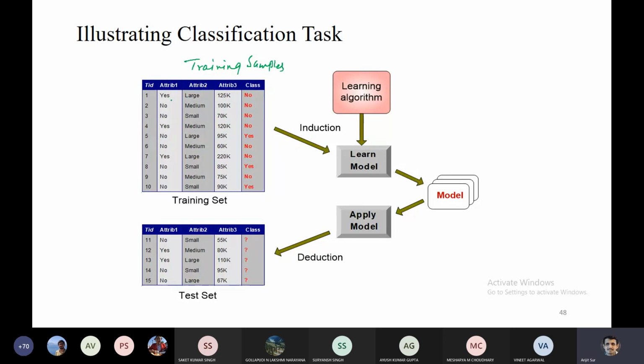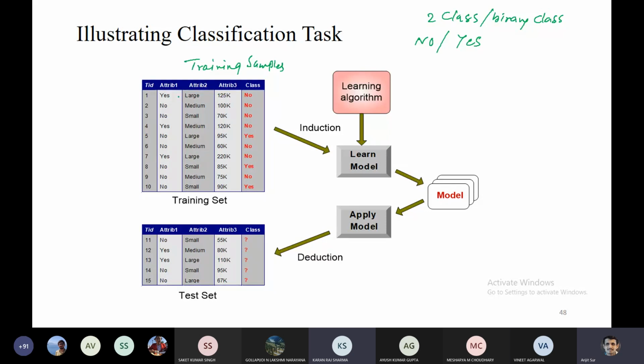Attribute 1, attribute 2, and class. There are two classes, one is no and one is yes. So two classes, or you can say binary class.